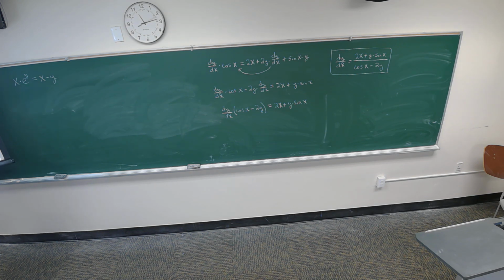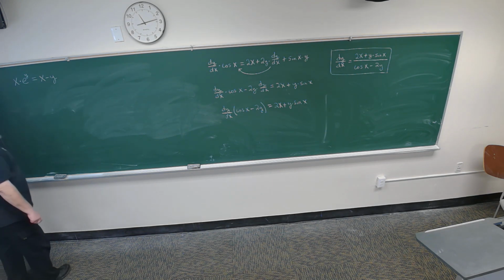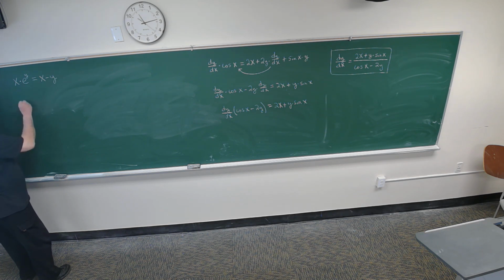To find the derivative of y with respect to x, we differentiate both sides with respect to x. On the left-hand side, we have the derivative of x times e to the y with respect to x.